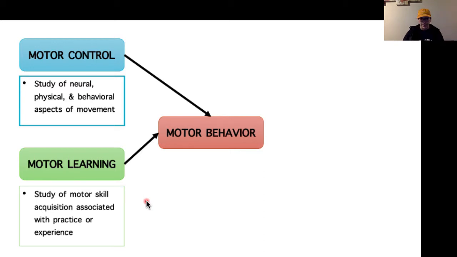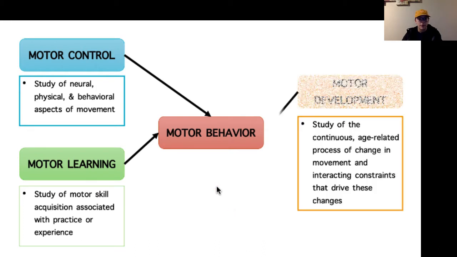Okay, this class is going to be focusing on the subset of motor behavior called motor development, and we're specifically going to be looking at development across the lifespan. We'll be looking at different body systems, different skills, so locomotor skills, manipulative skills, ballistic skills.